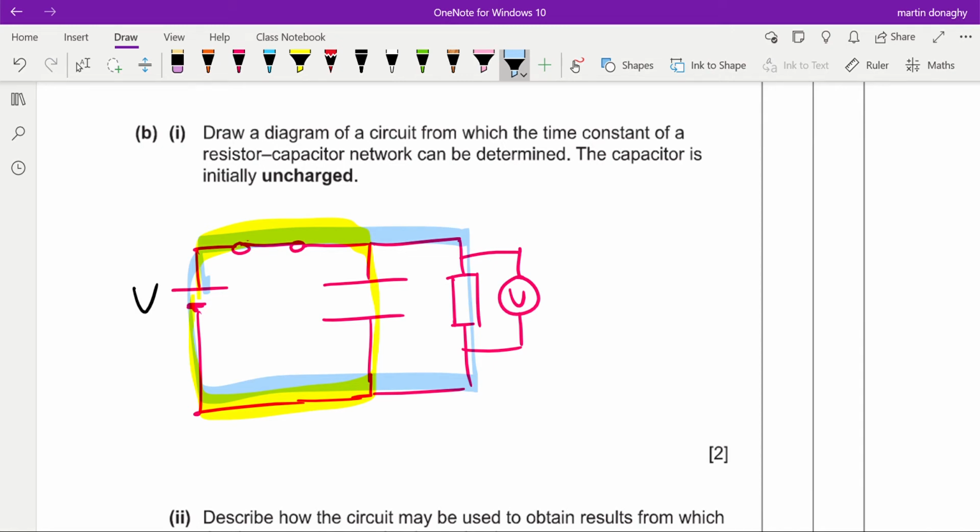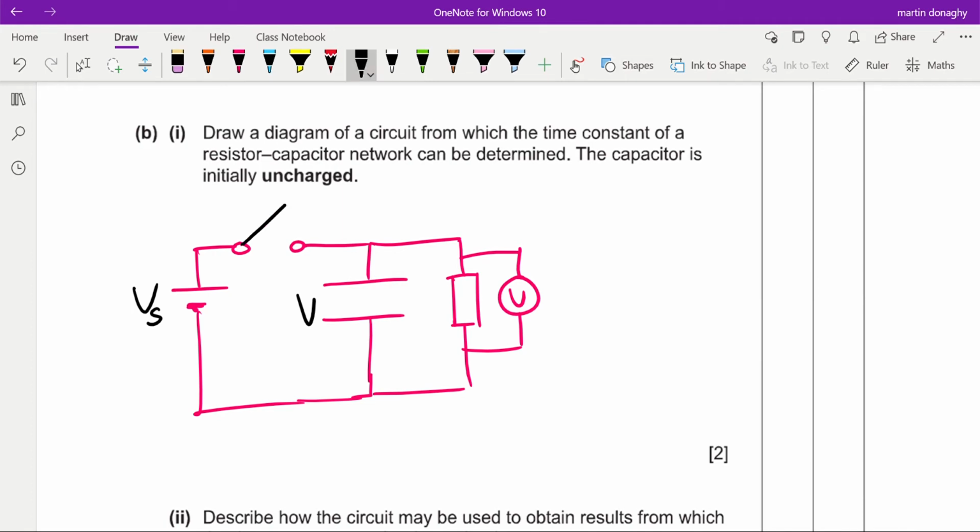It does work because eventually we can charge up this capacitor to the supply voltage, and then we can open that switch, and then the only path that's available to the capacitor is the bottom half of the circuit, and it will then discharge through the resistor.